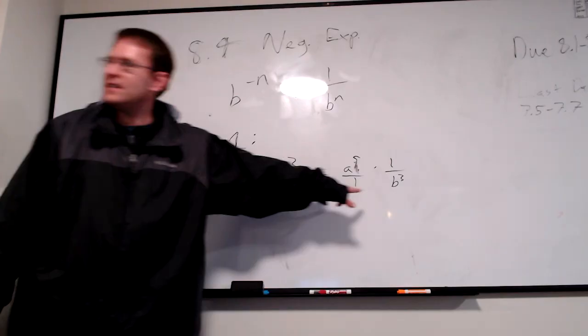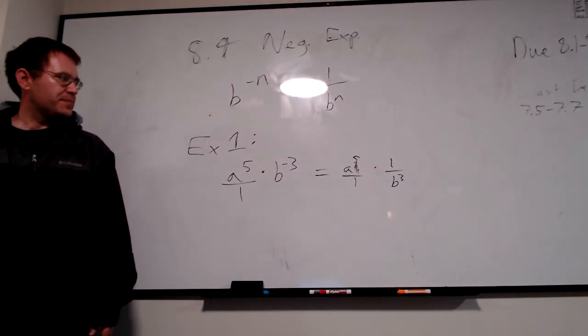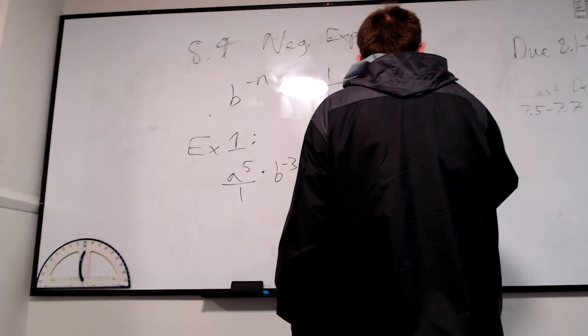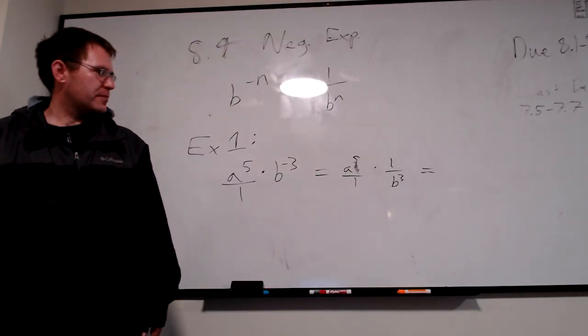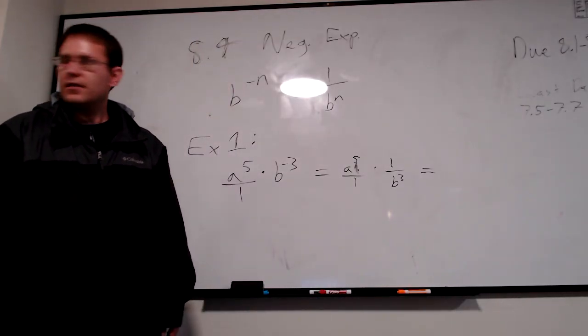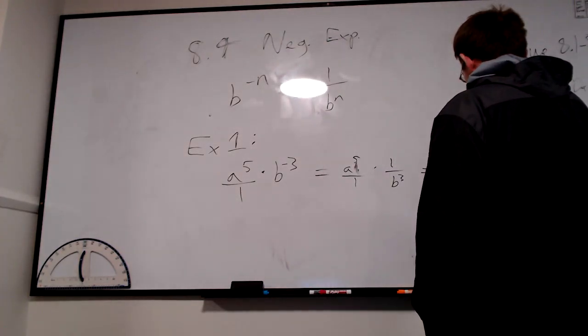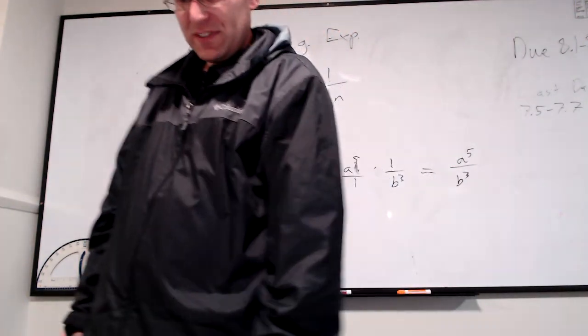Does that make sense to everybody? Then how could we write that to simplify it? A to the fifth over b to the third. Yep, that's it. Very good.